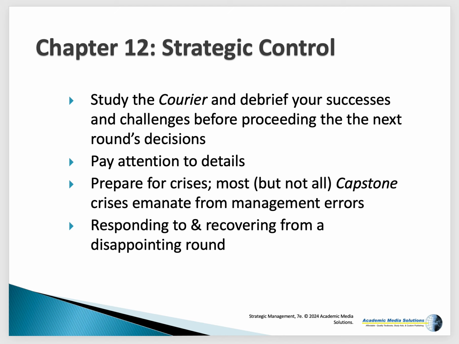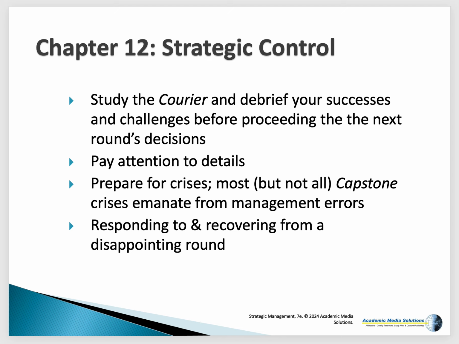I will say there are some crises in Capstone, and not all of them, but most of them are management error. Okay, one example might be the team doesn't meet or confuses when a deadline occurs, or maybe somebody, for whatever reason, enters the wrong decision and drops a product, eliminates a product from sale instead of raising the price or doing something else because someone didn't understand the process.